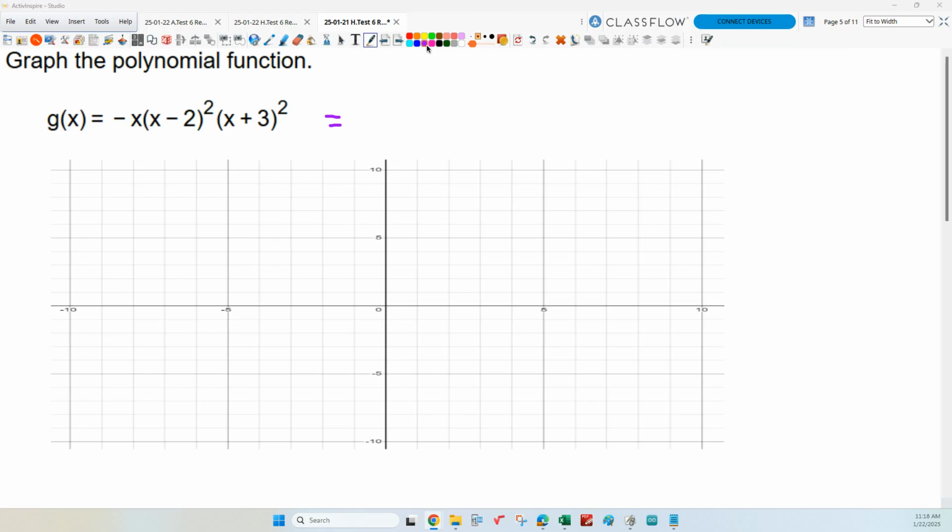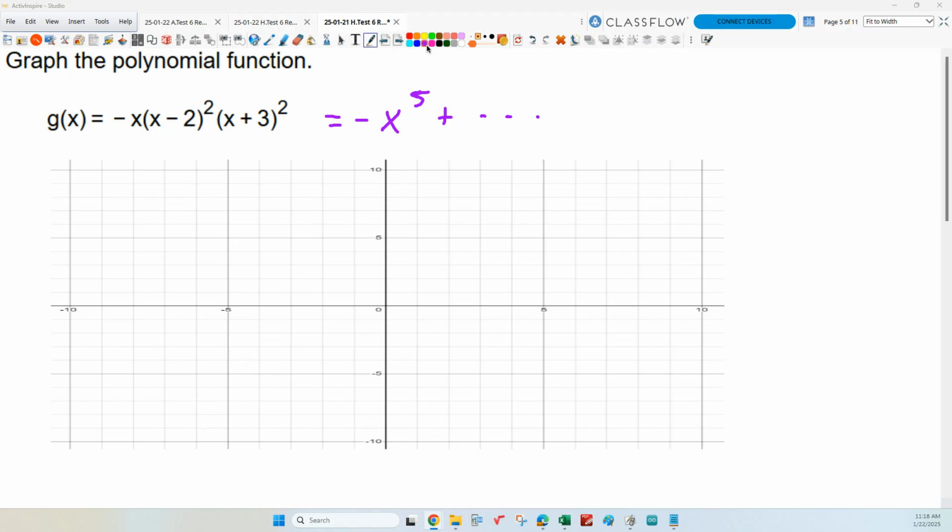From that part, I'm going to get an x squared. I've also got an x out there. So what's the power of x going to be? Fifth. Yeah, I'm going to get x to the fifth. And my leading coefficient is just going to be -1, right? So does everybody agree my first term is going to be negative x to the fifth? Okay, give me thumbs on that. Does that make sense?